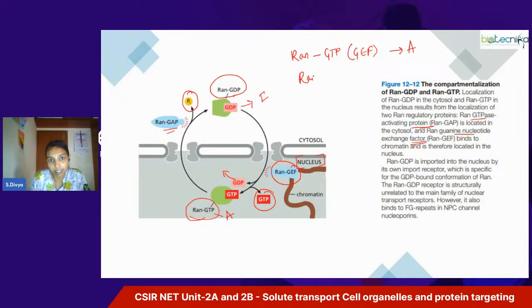RAN bound with GDP catalyzed by GAP is the inactive form. Okay, this is nucleus and this is cytosol. Remember these points, important from the examination point of view.